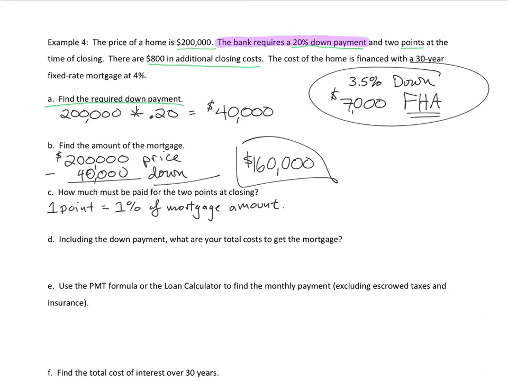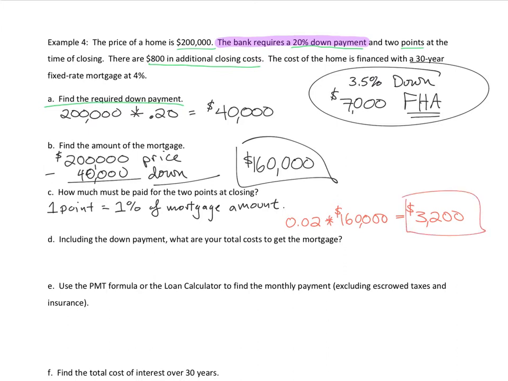So we will take 2% of the mortgage amount, and that will give us, let's see, 0.02 times $160,000 is $3,200. Nice.